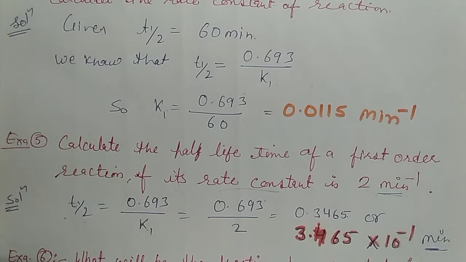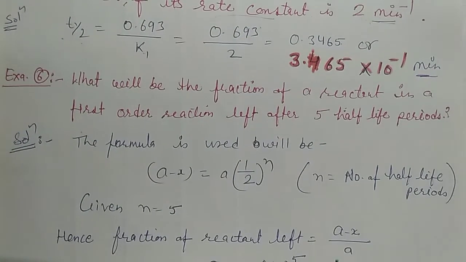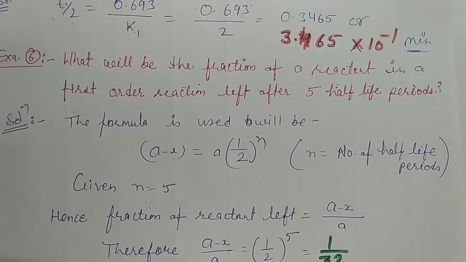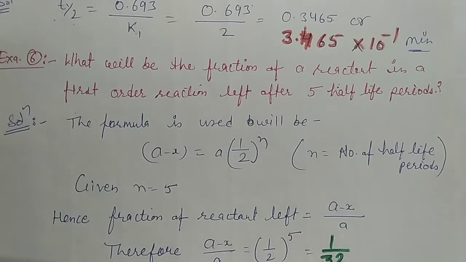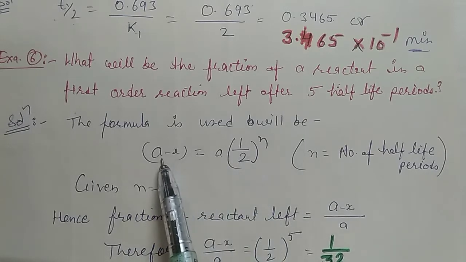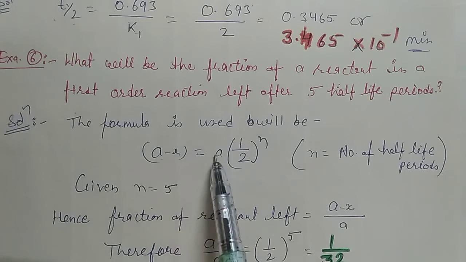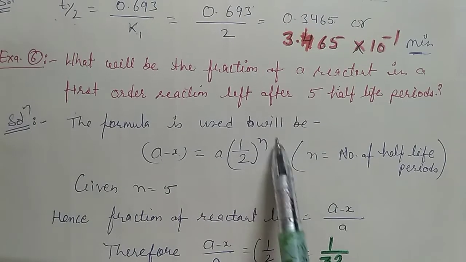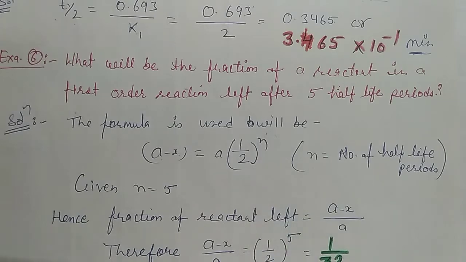Okay, next. What will be the fraction of reactant in a first order reaction left after 5 half-life periods? For this, there is a simple formula: A minus X is equal to A into 1 upon 2 to the power N. Here N means the number of half-life periods.